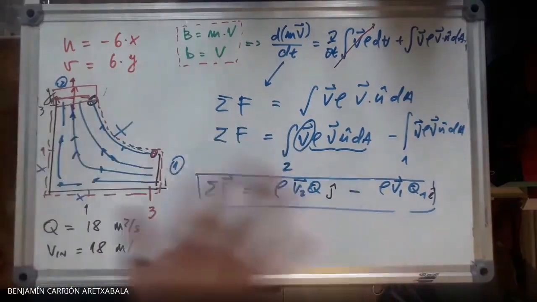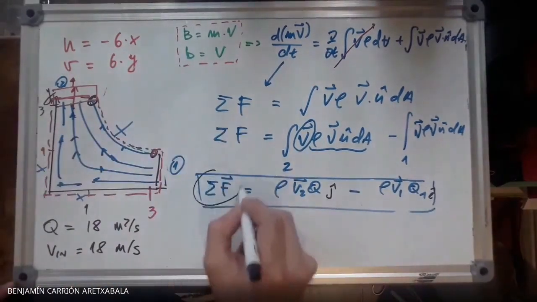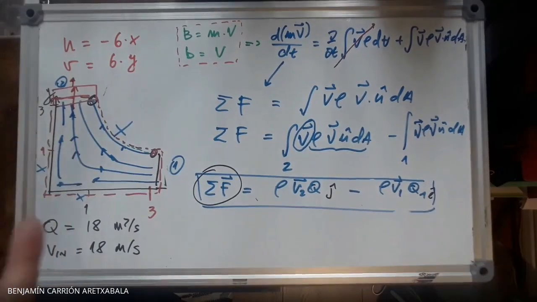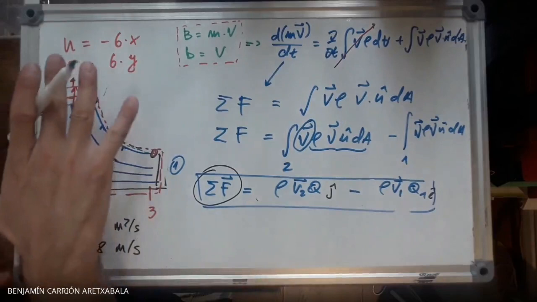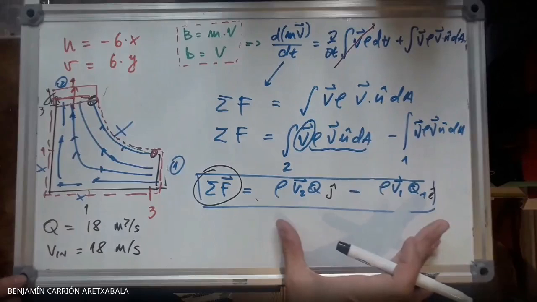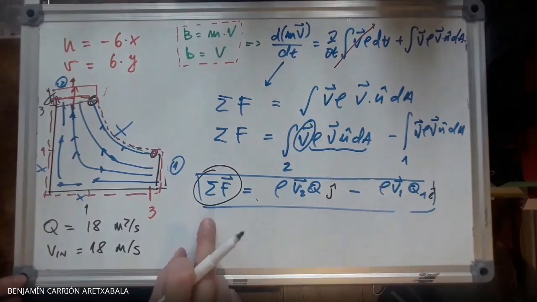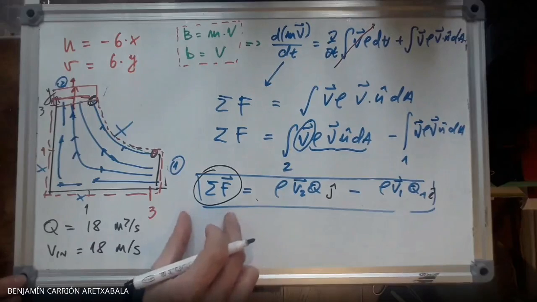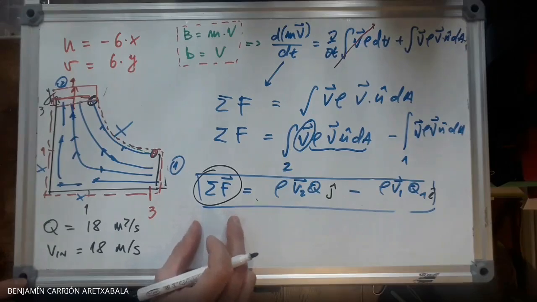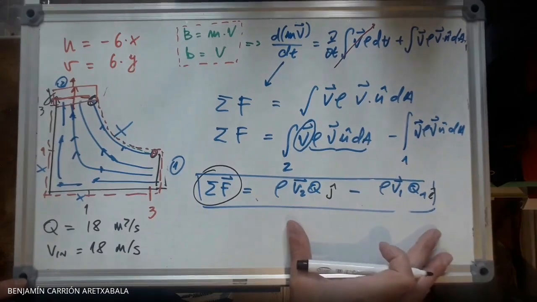So if we don't have any other forces, this term here, mind you, represents all the forces acting on the fluid, the body weight, the pressure forces, all the forces, right? In this case, this is a planar flow, so we don't have any of those. So all of the forces are due to the hydrodynamics. So what this is saying is this is already the reaction force. Okay, so the reaction forces have to be equal to these values, right?